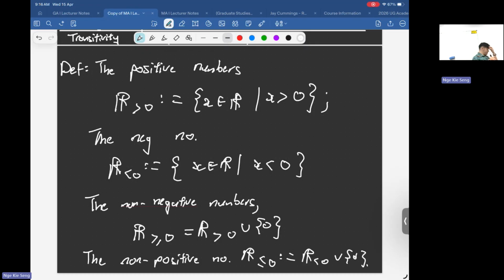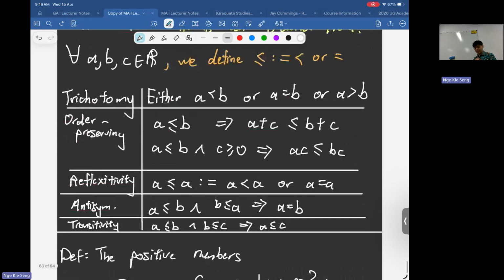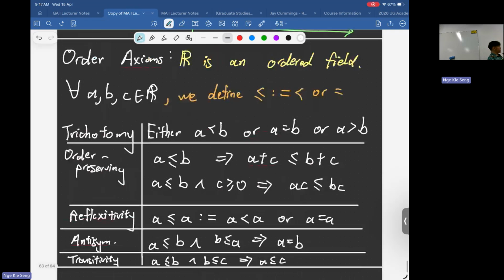I invite you to think about one of the things here. What I told you is some order that satisfies these things. You could imagine that I can swap the sign. For example, I can say that 1 is greater than 2.